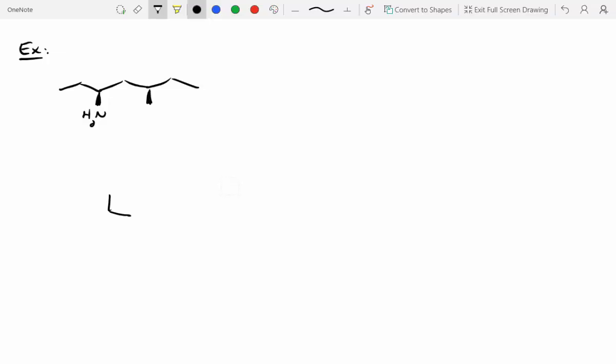And the next one, we've got an ethyl group, an amine, and a fluorine. And the last one we'll do our tertiary amines. All right, so here's 3 examples.